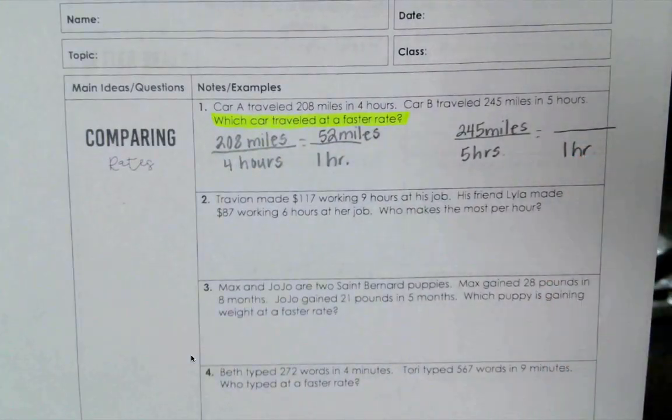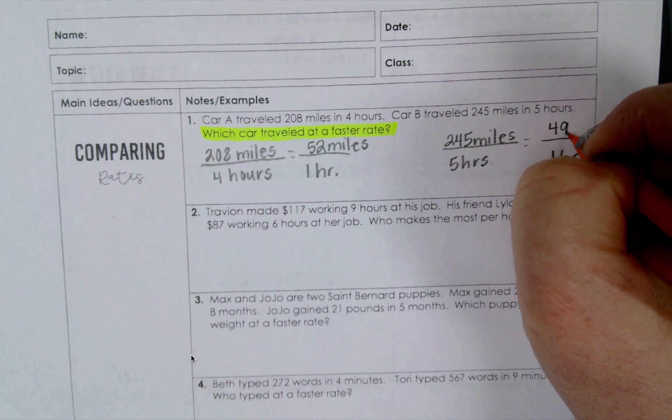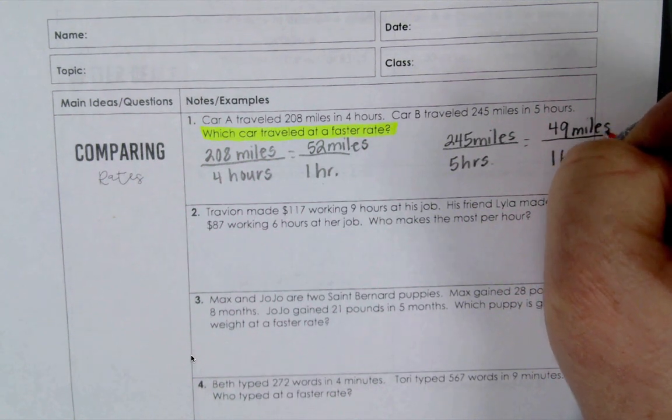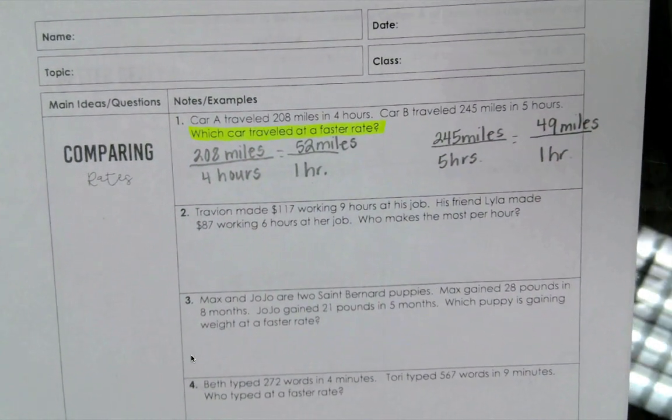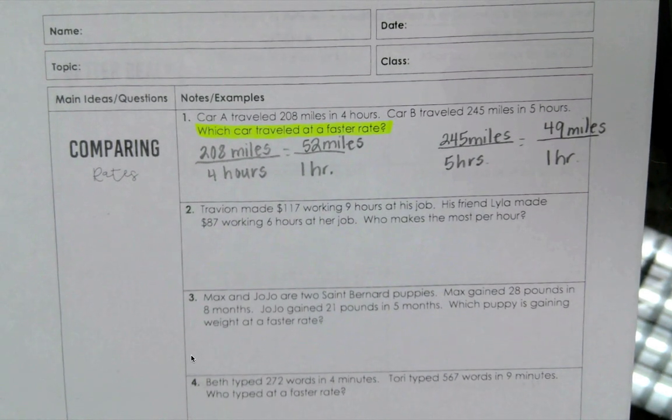And then over here I have 245 divided by 5. I have 49 miles. All right.